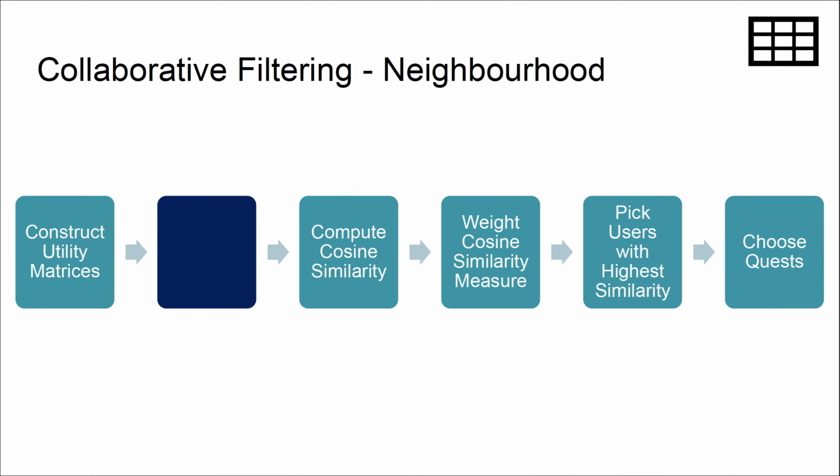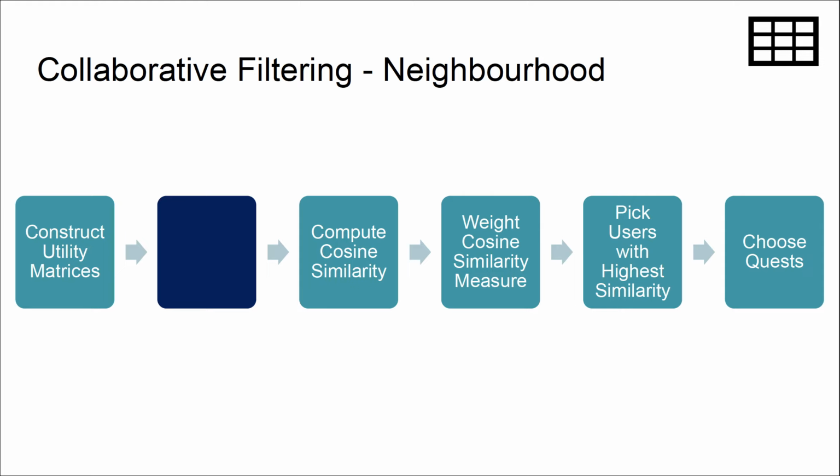To give you a summary, we constructed utility matrices, computed cosine similarity, weighted the cosine similarity, picked the users that are closer to each other, and then chose the quests. Now there is an empty box, and that's where the different variations of this algorithm come in. In the case of neighborhood filtering, we just do this and nothing else.